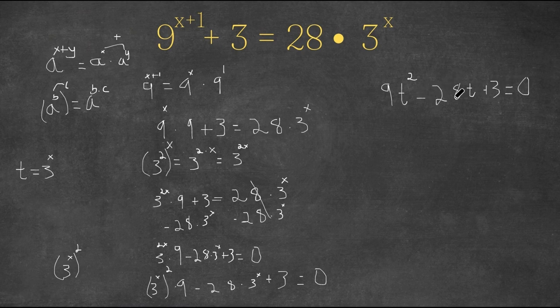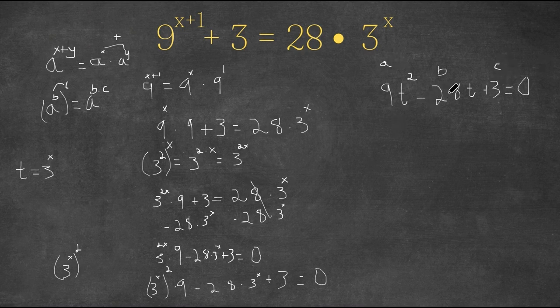And notice how this is a quadratic equation, meaning we can solve for the values of t using the quadratic formula, which, as a quick reminder, is negative b plus or minus the square root of b squared minus 4ac, divided by 2a. So negative b, well, b in this case is negative 28, a is 9, and c is 3.